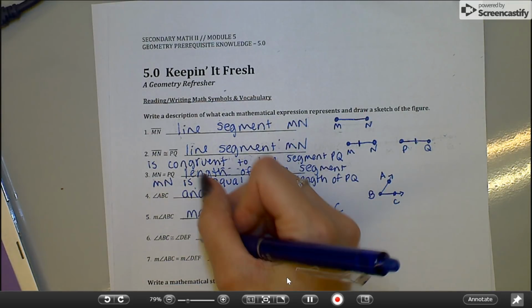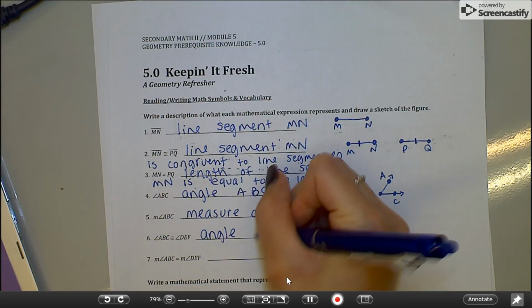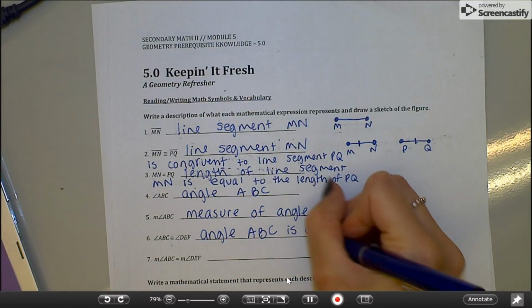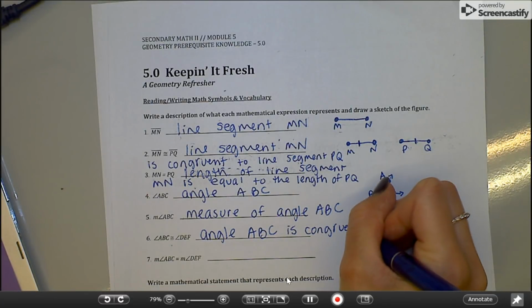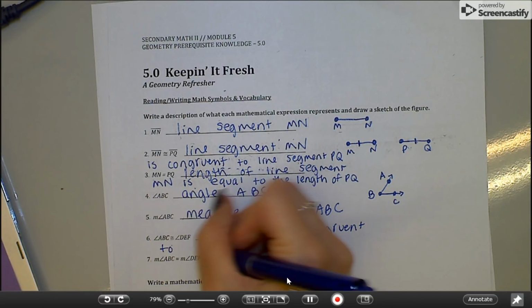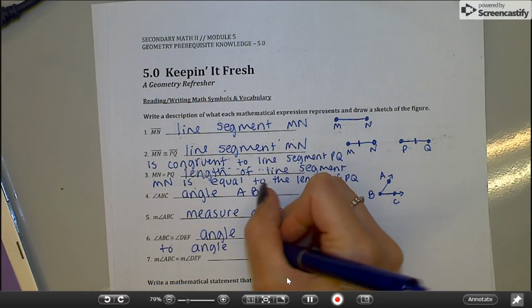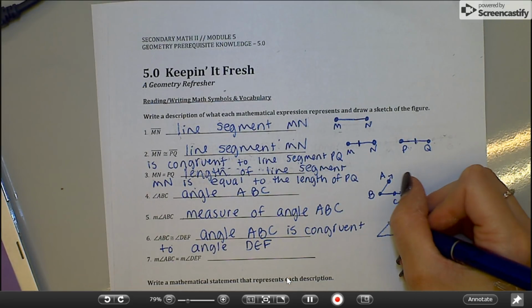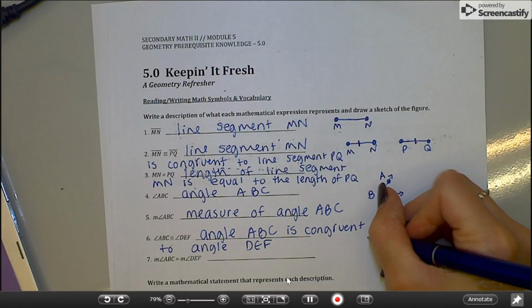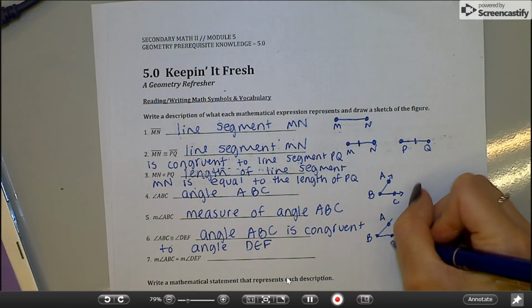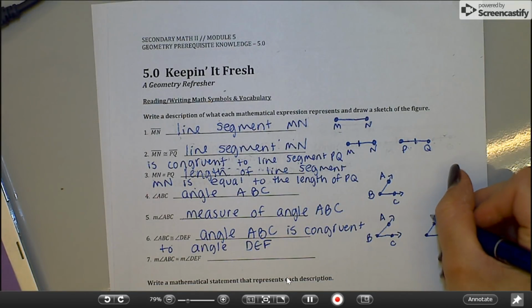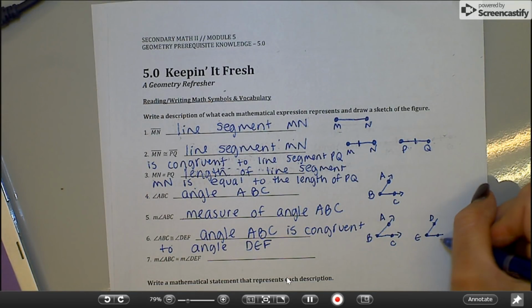And again, just like we had with segments, we have angles that are congruent. So this would say angle ABC, this is the congruent symbol, is congruent to angle DEF. And if we were to draw these out, they would be congruent with the same measure. I have my 3 points that are on the angle to name it.